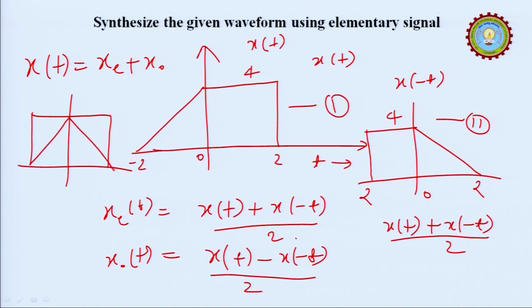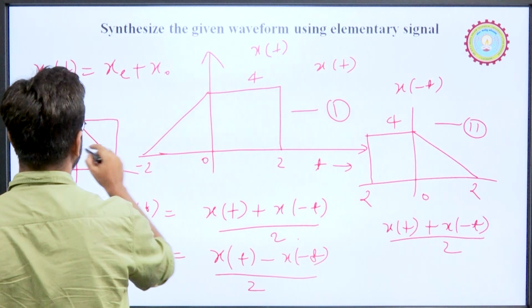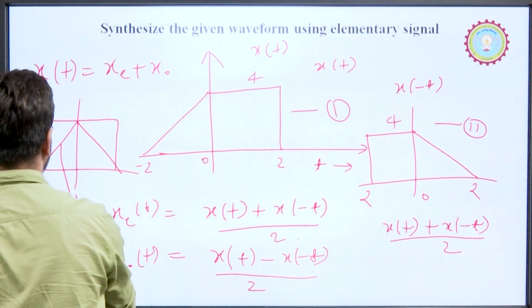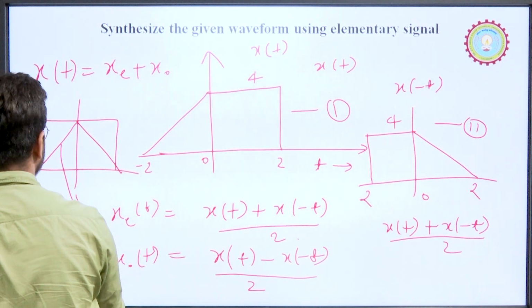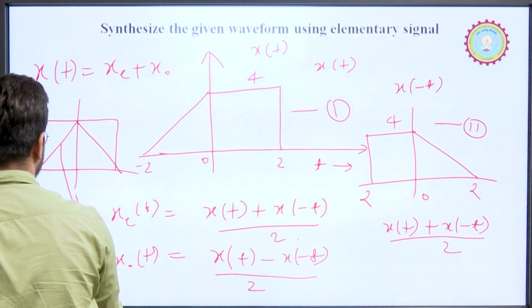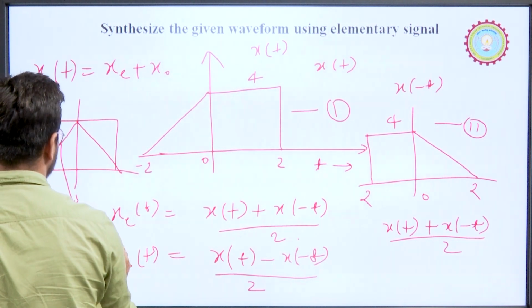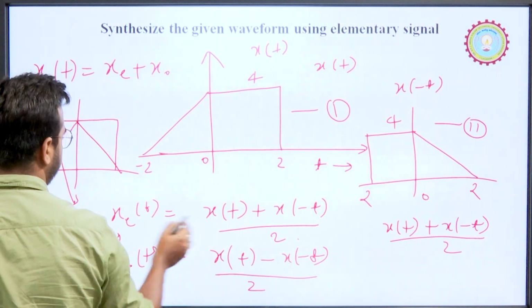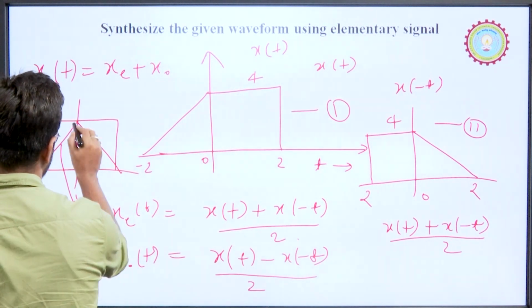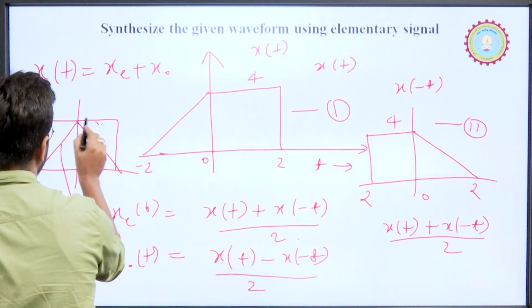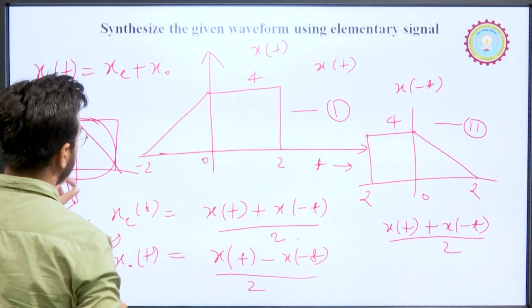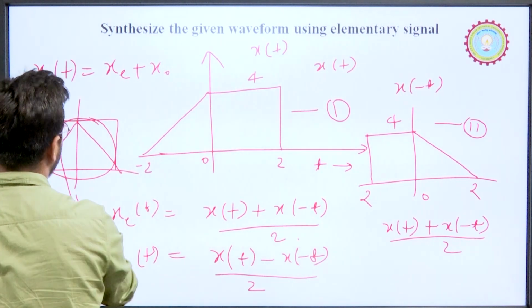This will be the final x(t) plus x(-t). So if you have added x(t) and x(-t), by 2, you have got this. If you realize this signal, it is symmetric about the y axis.